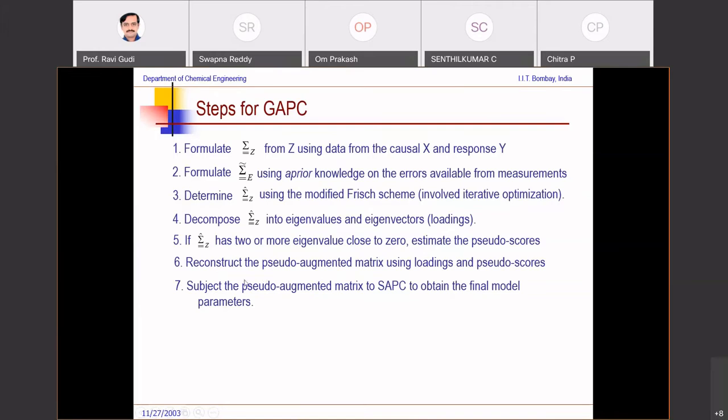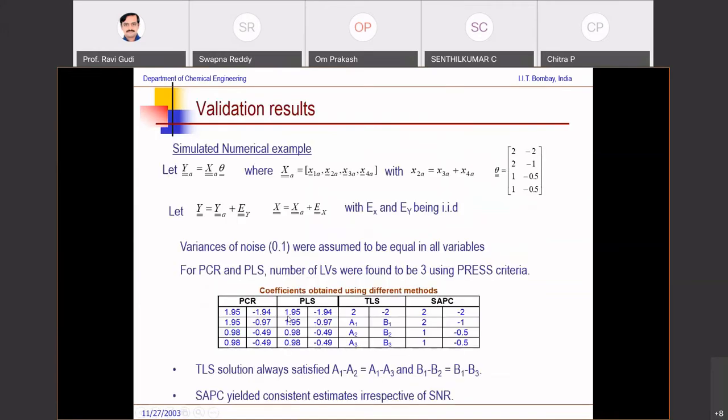So this is essentially some quick validation results. This is a numerical example. Let's just spend some time on this because this is something you can relate to when you're looking at the slides. Let's assume in this simple numerical example that my theta vector is something like this.